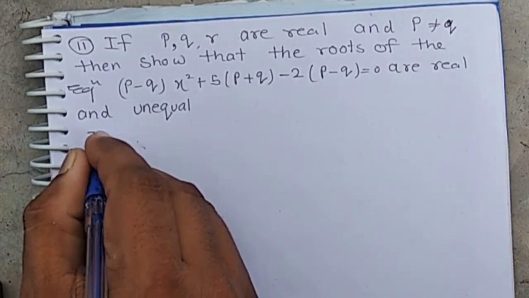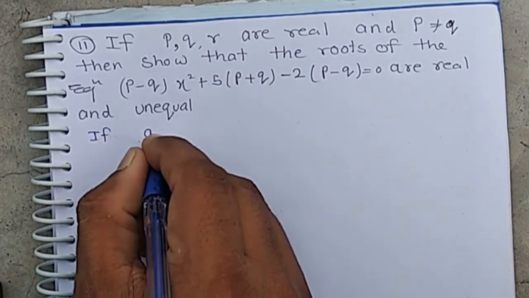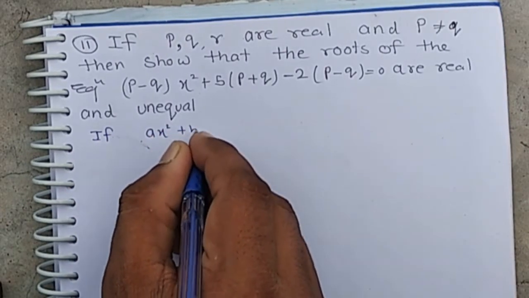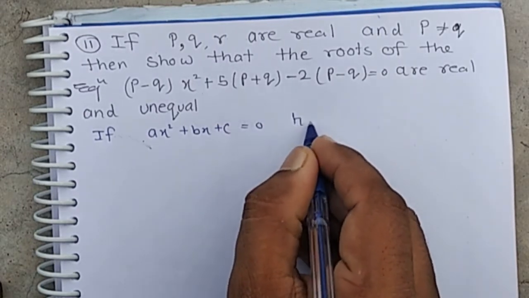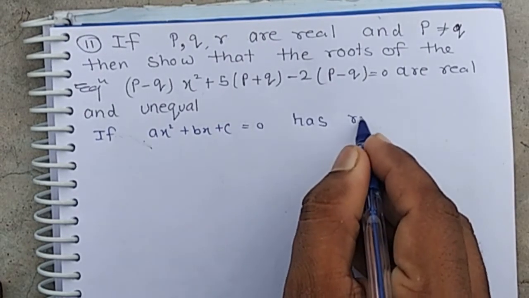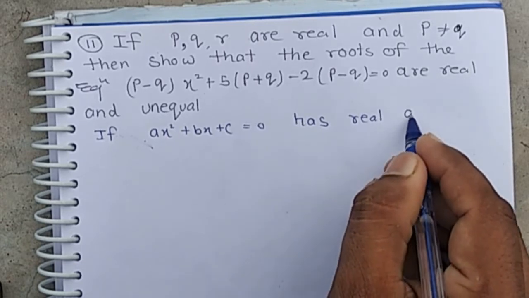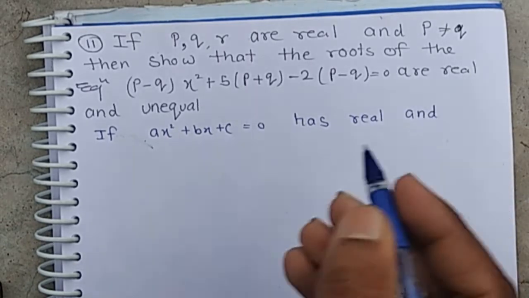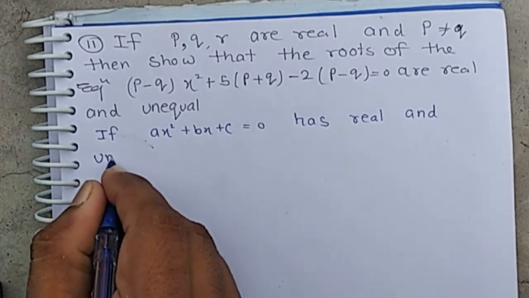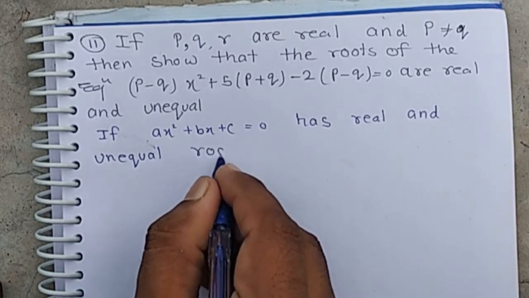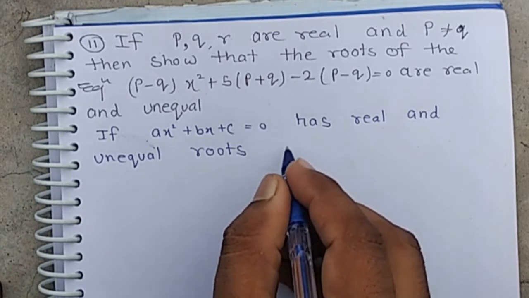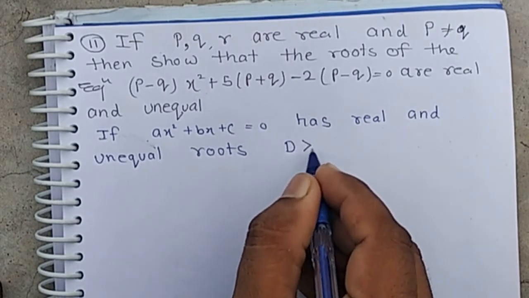We know that if a quadratic equation ax square plus bx plus c equals 0 has real and unequal roots, then the discriminant is greater than 0.